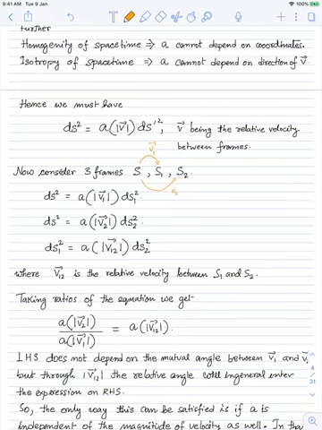Then from the previous conclusion, we will write that ds square, in the S frame, is equal to A of magnitude of V1 times ds1 square. It just follows from this conclusion.